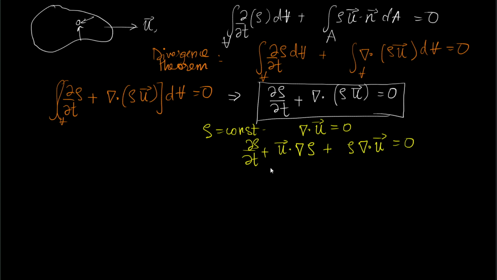And this entire thing becomes the total derivative of the density plus rho times this equal to 0. So we can have a flow in which the density changes in time and space such that this total derivative can vanish. If that vanishes, then it's called variable density compressible flow.